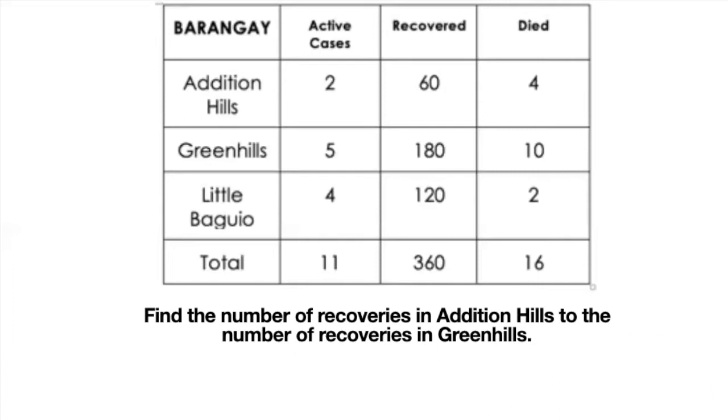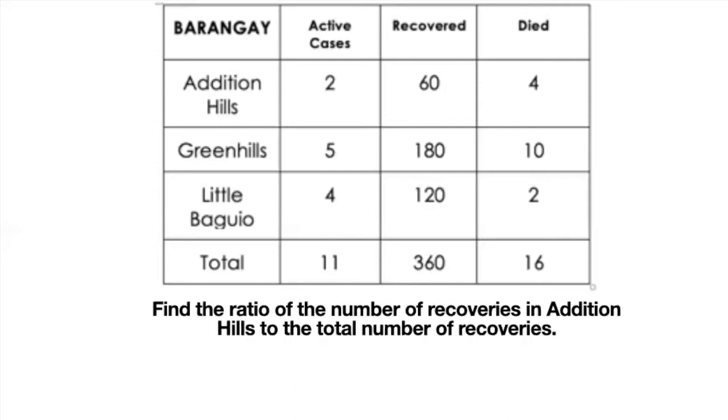Let's now go to the next question. This time, let's find the ratio of the number of recoveries in Addition Hills to the total number of recoveries. For the number of recoveries in Addition Hills, again, we have 60. And the total number of recoveries, we have 360.